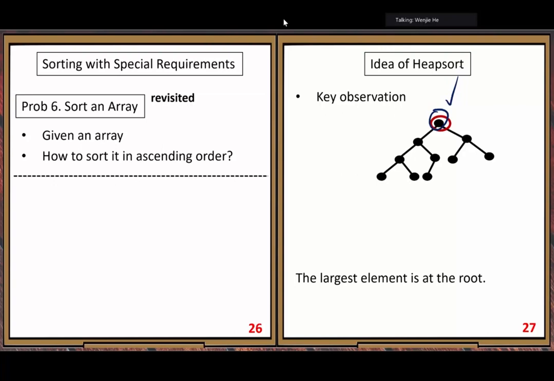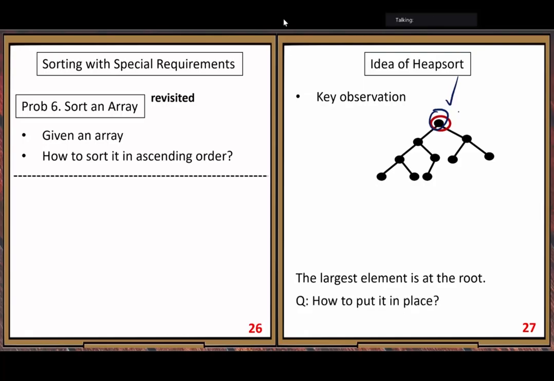That is the final position of the maximum. But the position for the root is the first position in the heap. And its destination position is the end. So it's different. You need one swap operation to put this root element in place.